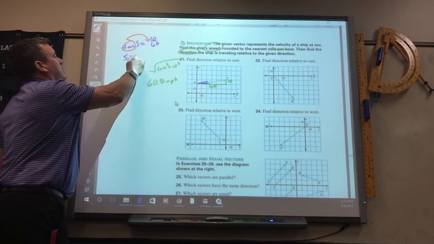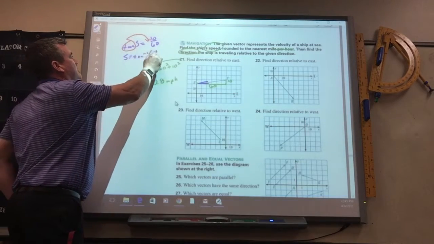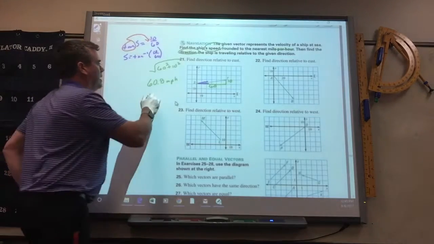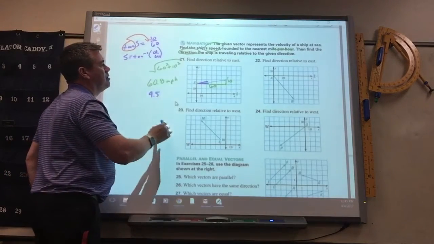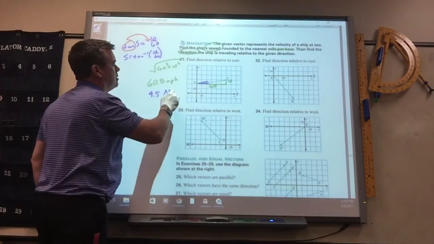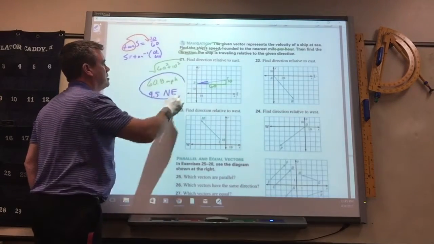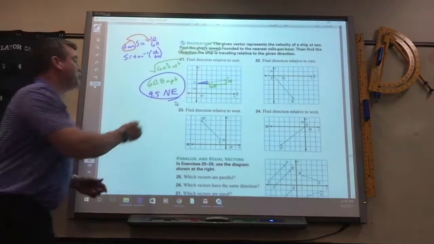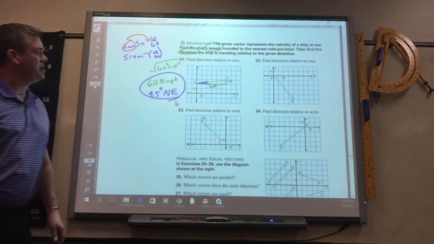S is tangent inverse of 10 over 60. 9.5. It's going up, which is north, and to the right, which is east. 9.5 degrees. Sorry, you better put the degrees on there.